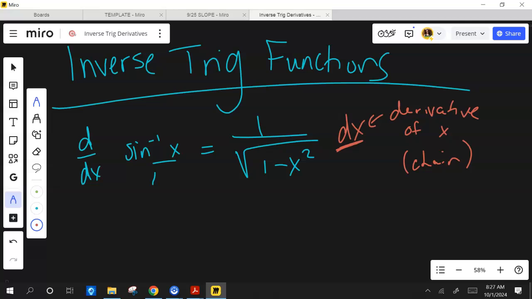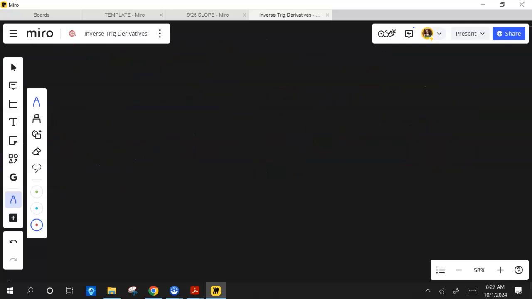Oh, wait. A particle, Wyatt, this one's for you. A particle moves along the x-axis so that its position at any time is given by this.